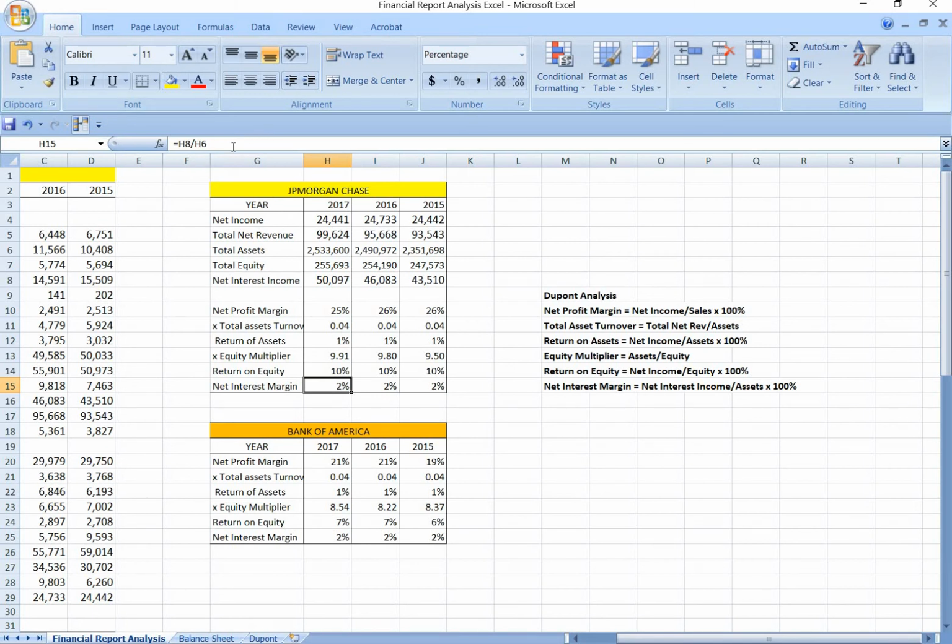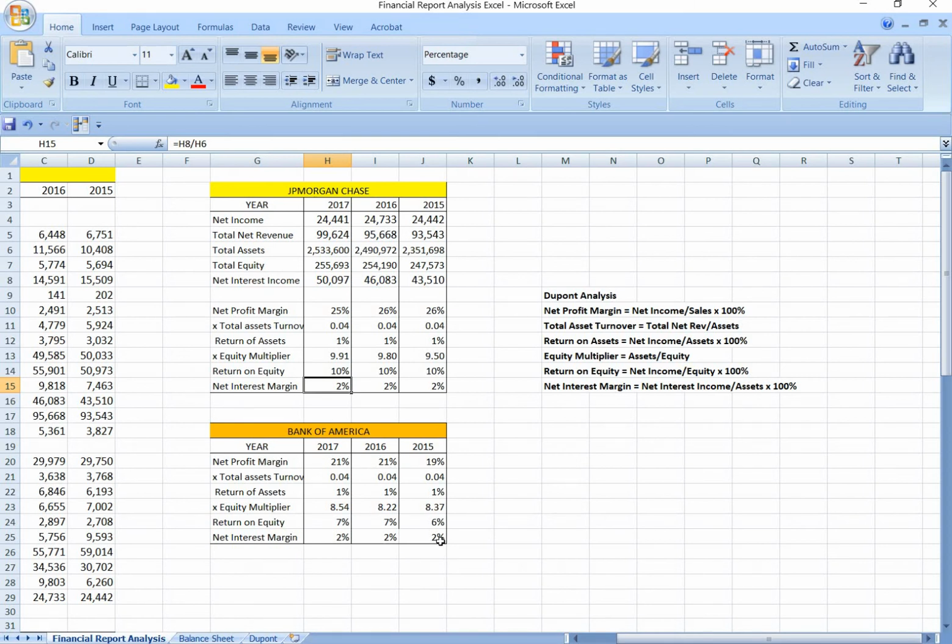So this is the result of the DuPont analysis for this company. We compare how these numbers move every year, but we can also compare this with the DuPont analysis of a competitor. In this case, I compare with Bank of America, which is already calculated.